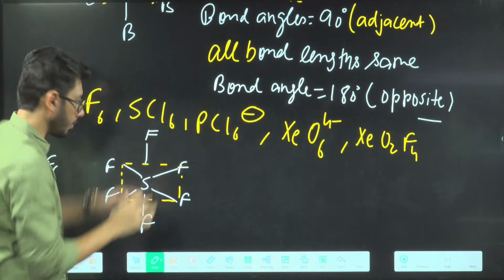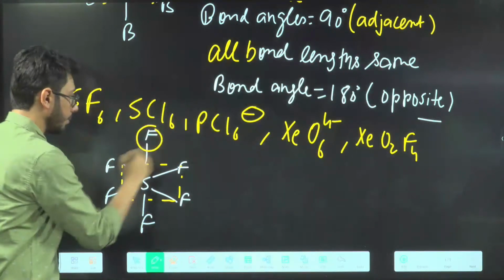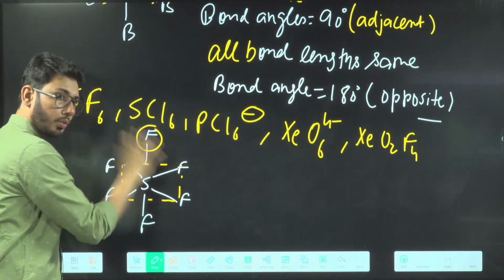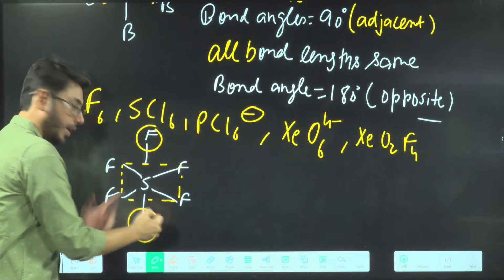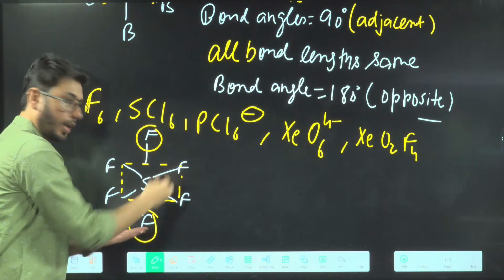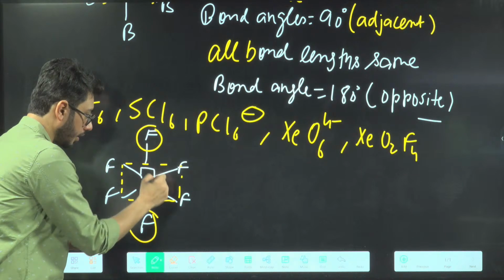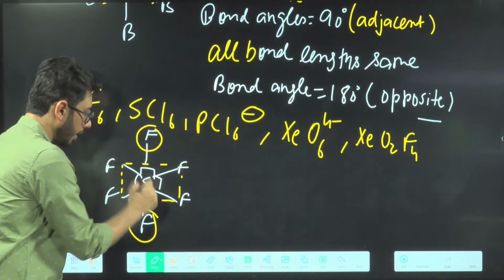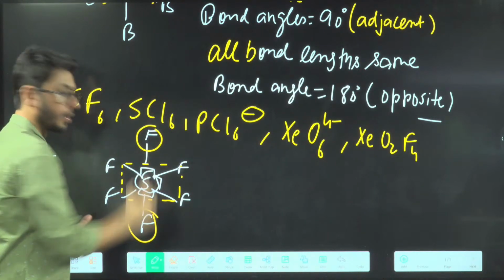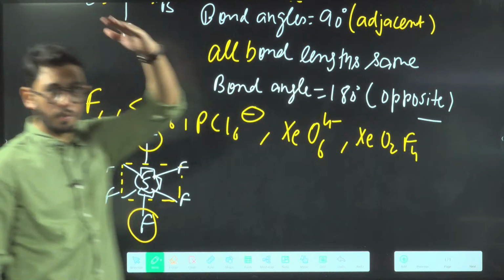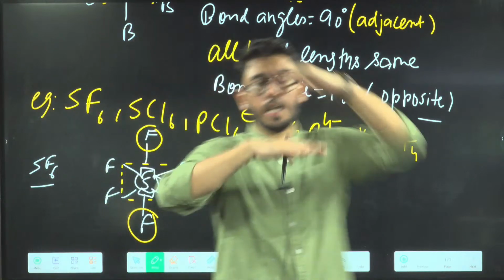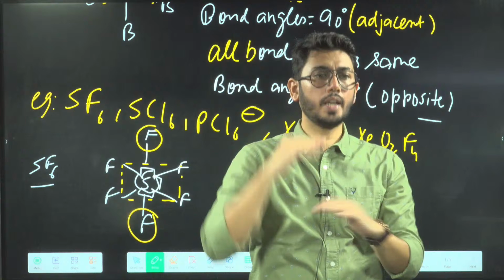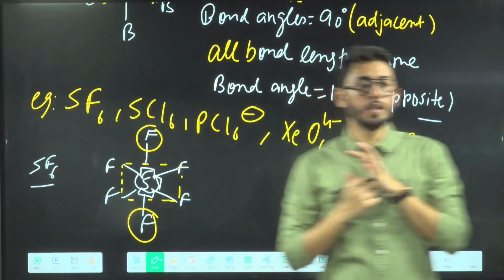So if you observe, with respect to this atom, how many 90 degree? 4. With respect to this atom below the plane, how many 90 degree? 4. And with respect to each other, these all are 90 degree. So 4 above, 4 in the plane and 4 below, total 12.